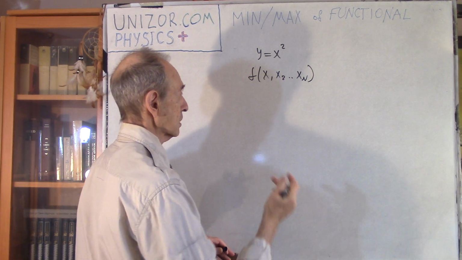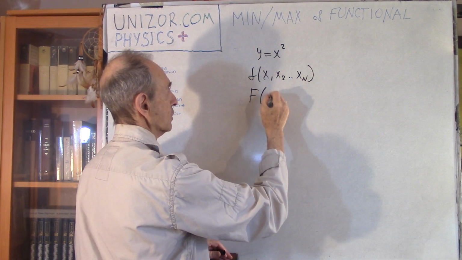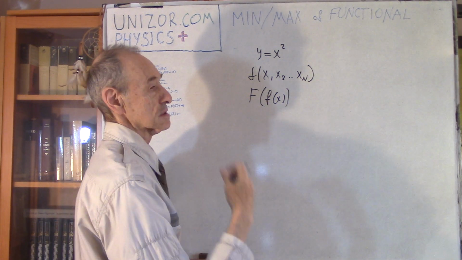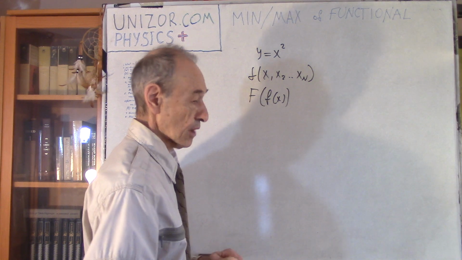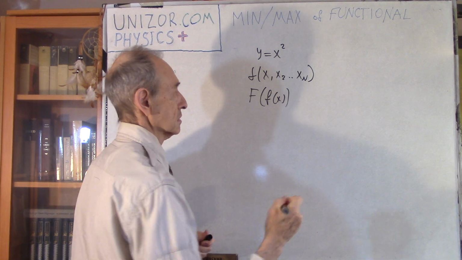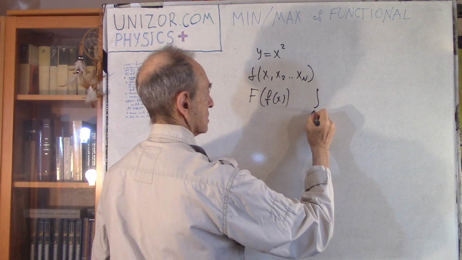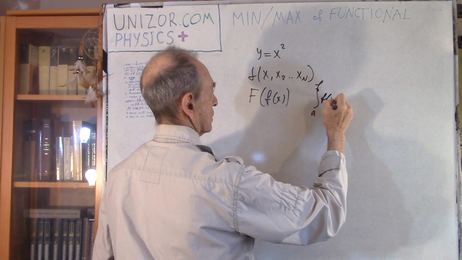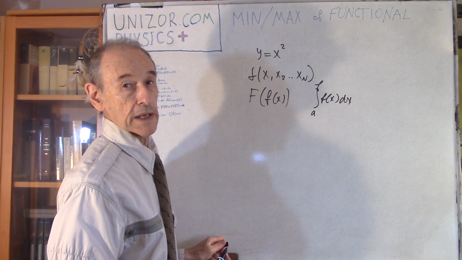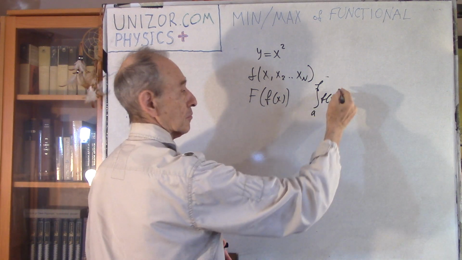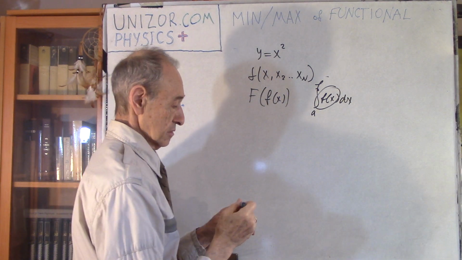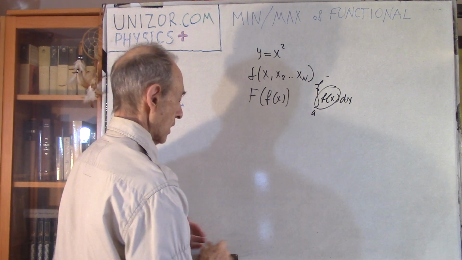And the functional is a function of function. Let's talk about one function that is an argument to a functional. Example: if you have a function, then you can, for example, consider the integral of this function on some segment from a to b. Well, this is a real number, and it depends on an entire function, on its behavior. So that's what basically functional means.